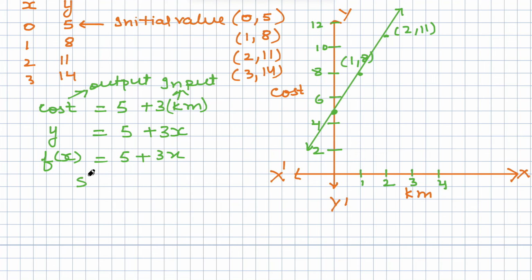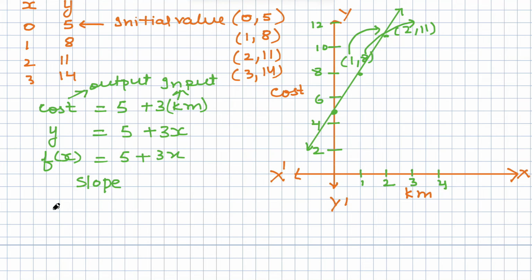Let's learn another term, which is slope. This is very important. Suppose this is 1 and 8. When you travel 1 kilometer, you pay $3 extra. So that is actually the rate of change which occurs with every kilometer.